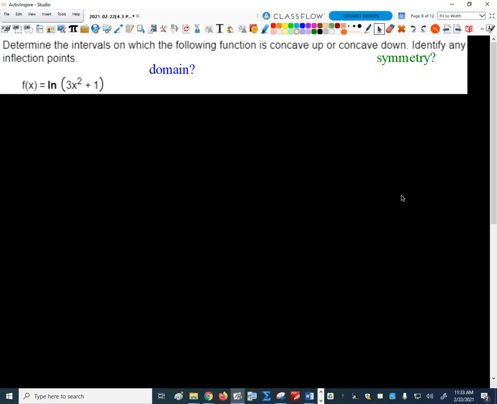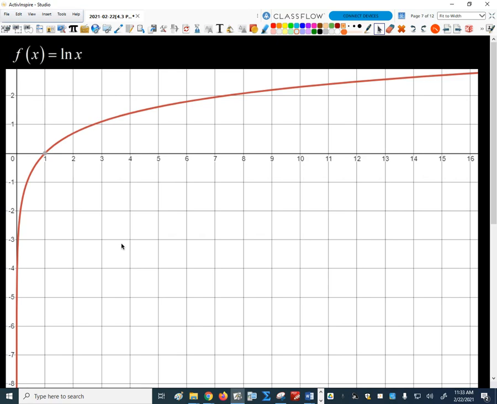Type it in chat here. What's the domain? Now, this is a composition of functions, right? I've got a log of the polynomial 3x squared plus 1. We know that for a log function, the domain of log x is all positive numbers, right?